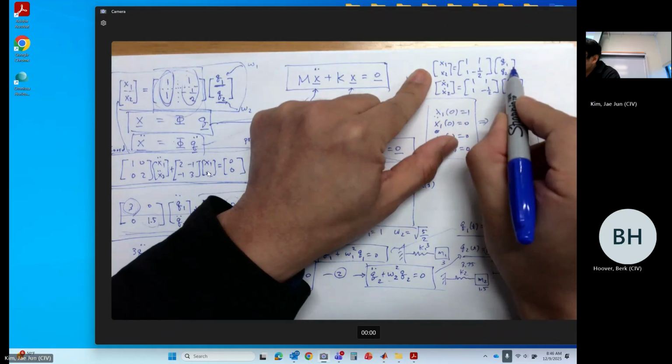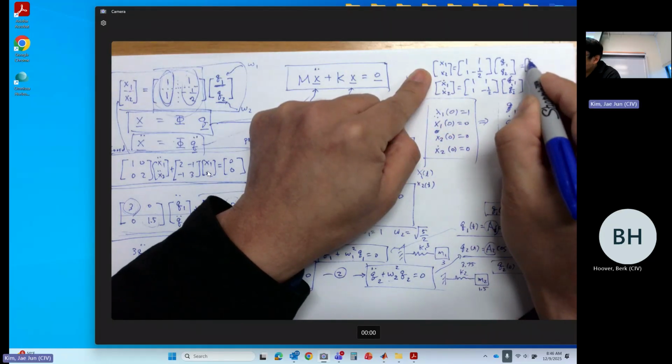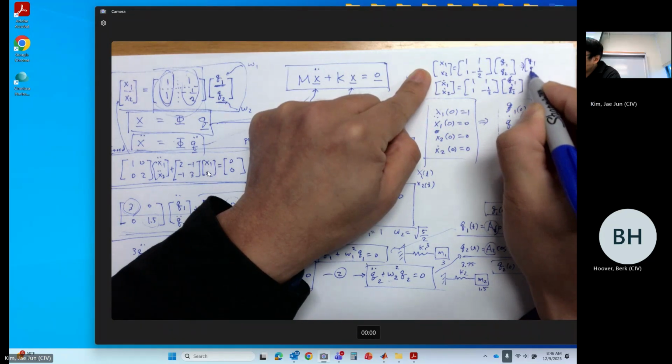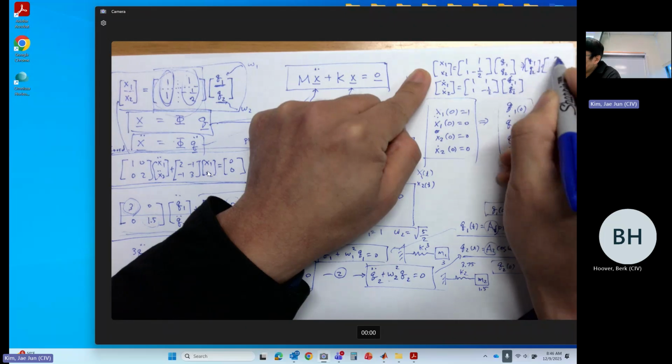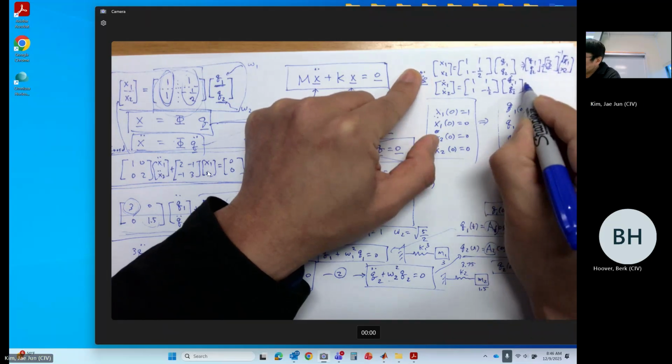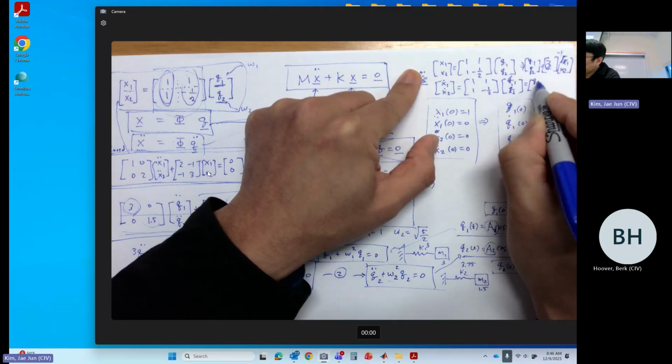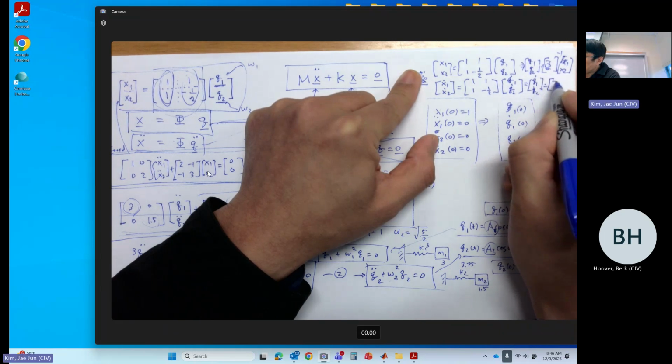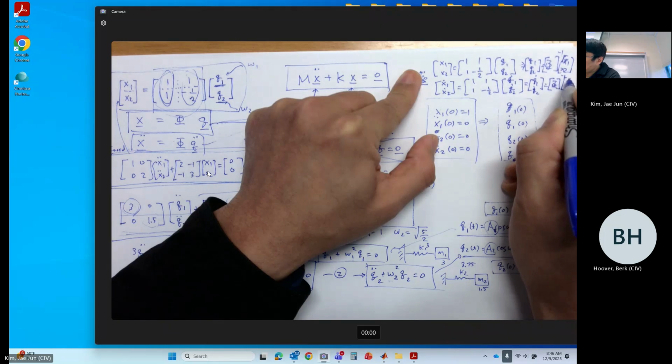So you can see that q1, q2 is phi inverse times x1, x2. Same thing, q1 dot, q2 dot is phi inverse times x1 dot, x2 dot, right?